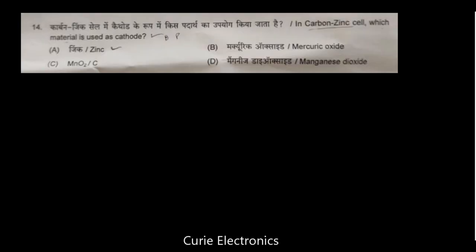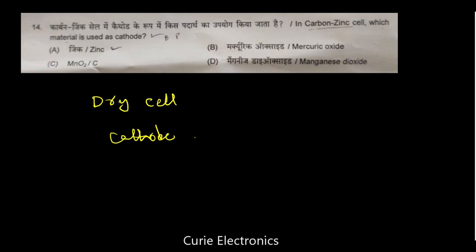Question number 14. In carbon zinc cell, which material is used as cathode? See, the carbon zinc cell means what? It's a dry cell. This is the same as the dry cell, whatever 1.5 volt cell we purchase from shops. And here the cathode is the zinc.